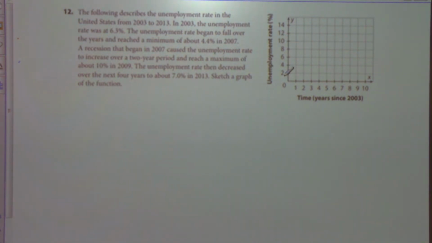So you have this situation where you're trying to graph unemployment rate versus time. And fortunately or unfortunately, this happens to be a time when all of you were living from 2003, you're little kids and babies, so very young, right?